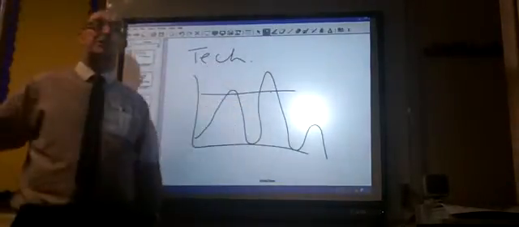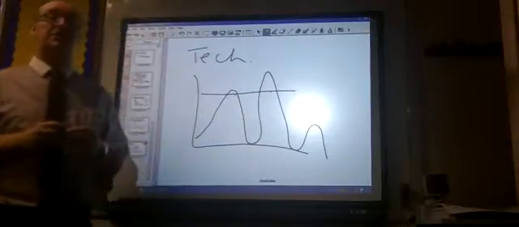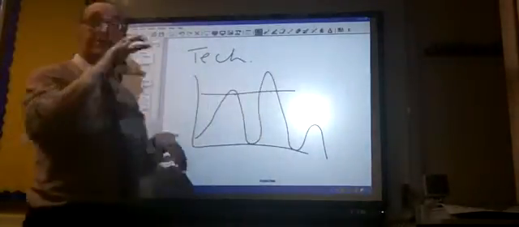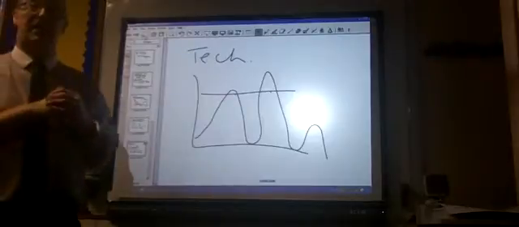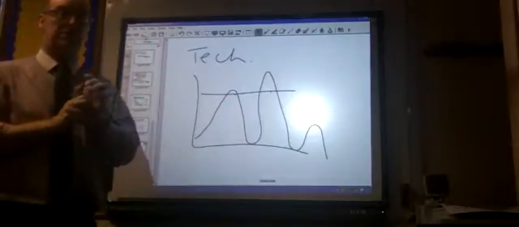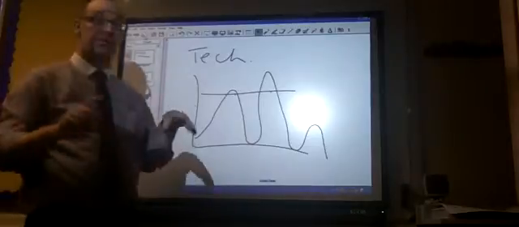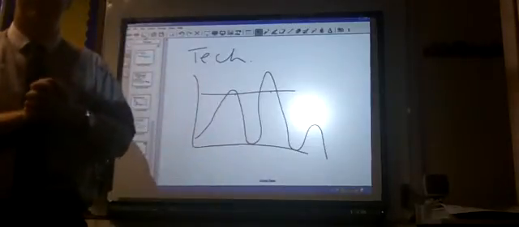Having tons of stock doesn't mean you're efficient. It just means you're laying loads of overtime on, and you've got a lot of systems problems. So when companies go over to JIT, which is only holding enough stock for that moment in time, that highlights all sorts of problems within the organisation. Okay, so are we good to go? I'll leave that at that. So that's it for that one.